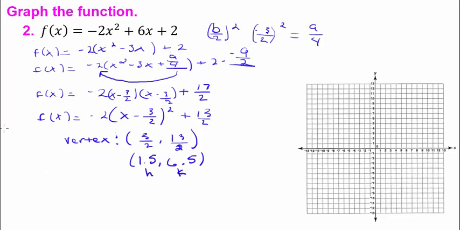Okay, so if I were to look at this in terms of my original function, my most basic function. In fact, if I'm graphing this, what I'm going to actually do is start off with the most basic function, which I'm going to keep the -2, my a, and then x squared. So I'm going to go ahead and graph -2x squared, and then use the h and the k to shift it around. So if I were to graph -2x squared, I'm going to have 0, 0 as one of my ordered pairs.